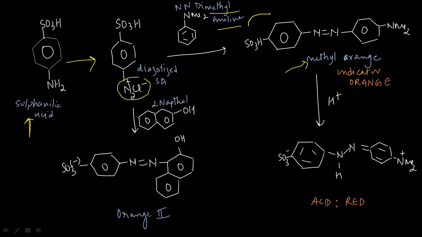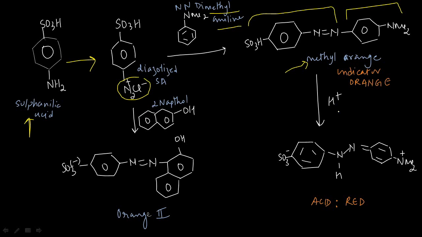So this is the first part, sulfanilic acid, and this is the second part of the reactant that is added, N,N-dimethyl aniline. This is an indicator and it gives an orange color.